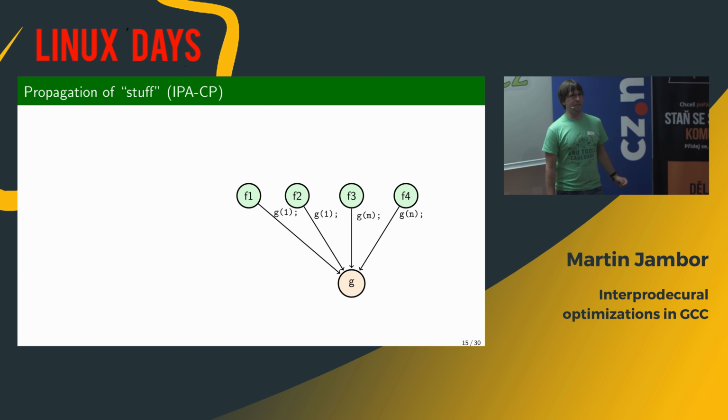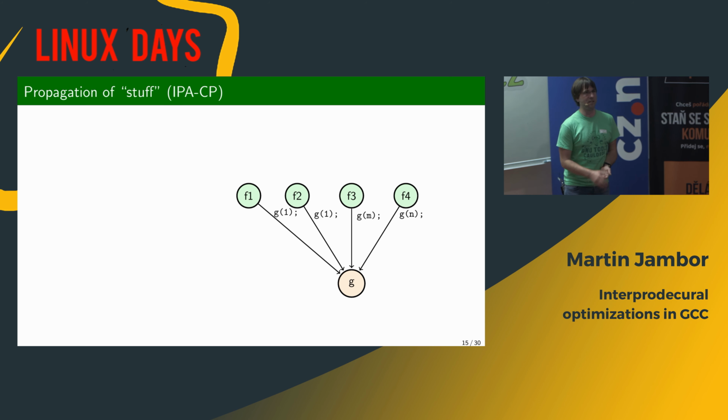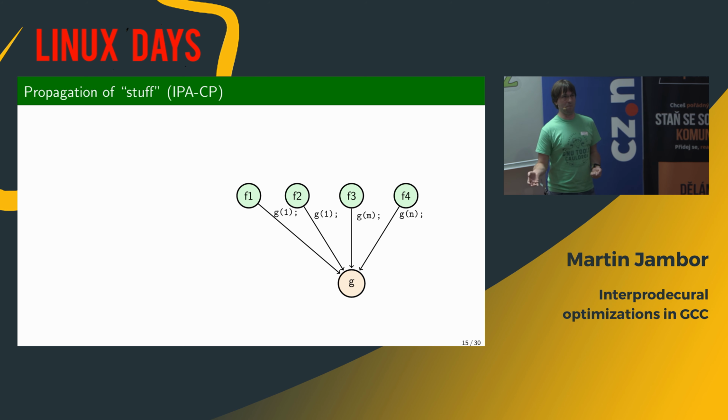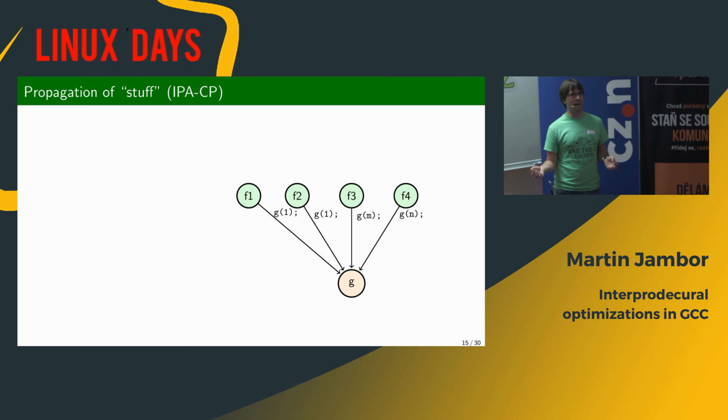So we have a slightly different situation where, for example, functions f1 and f2 pass 1 as before to function g, but there are also other functions, f3 and f4, that pass something that is unknown to the compiler to g. But the parameter is very important. For example, it can be a loop iteration size, or it can be something that is called loop stride, which basically means how far apart different elements of the array that we process are.